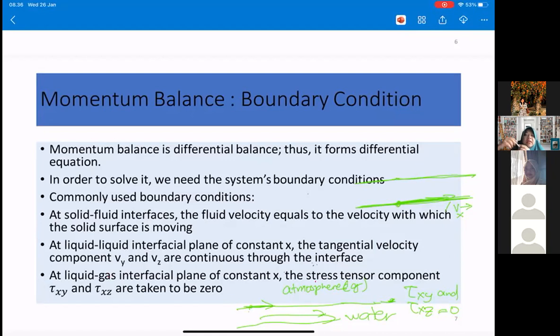Because the shear stress is very low, we can assume that tau xz would be equal to 0. So this, tau xz equal to 0, can be our boundary condition.